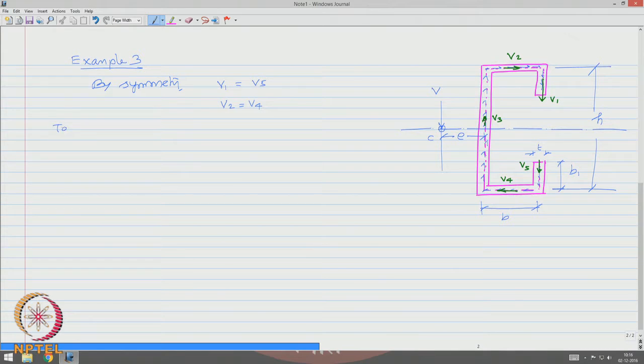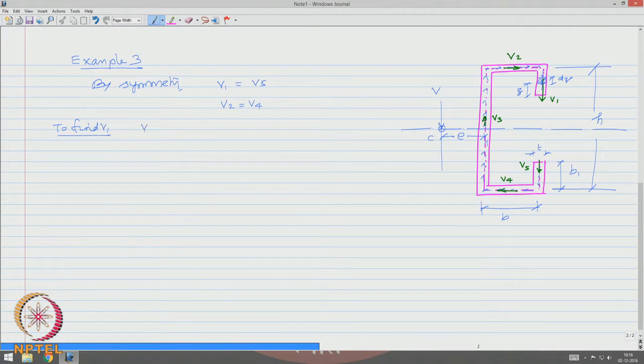Now, I want to find V 1. So, let us take a strip which is at a distance Z, thickness dz.